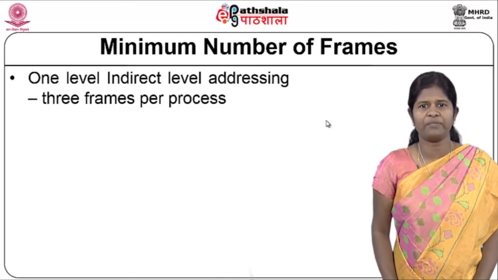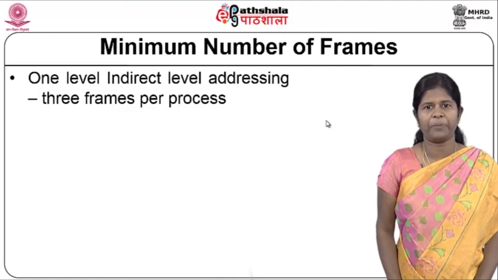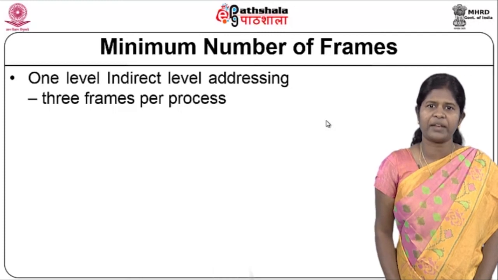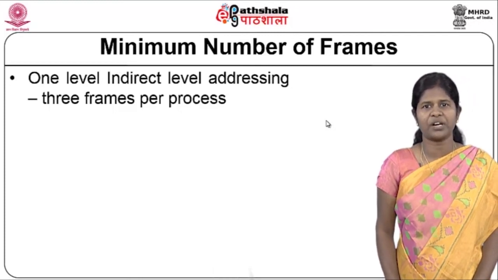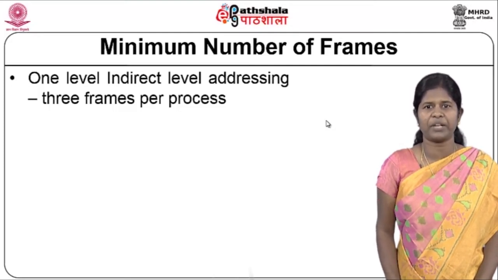The instruction will be present in one page, and that will refer to a memory address present in another page, which in turn will refer to a page where you have the exact memory location.